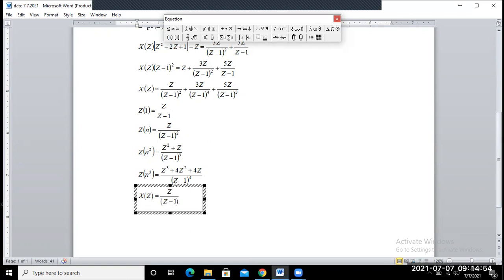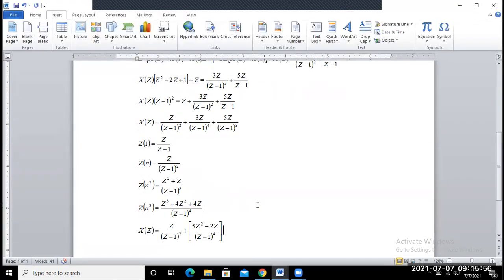If you simplify the second and third terms, then you will get 5z square minus 2z divided by z minus 1 whole to the power 4. Okay.